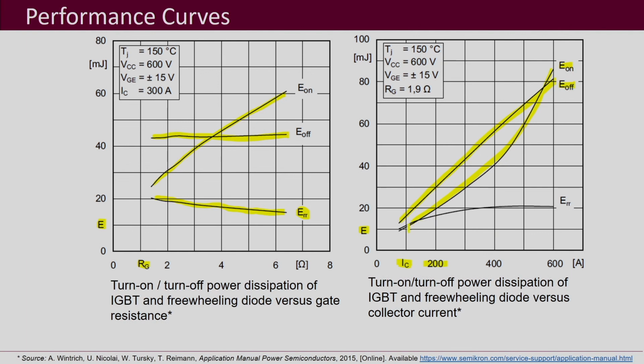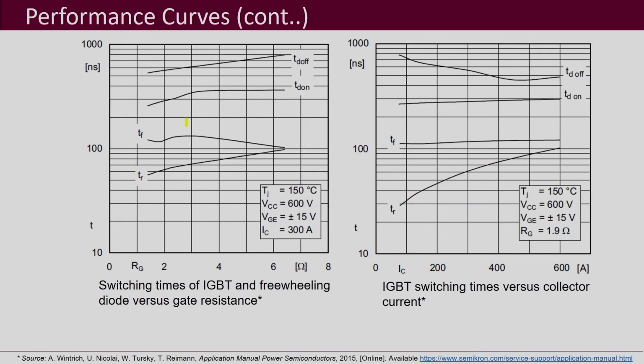But we do not see a significant change in the diode losses, the turn off loss or the reverse recovery loss associated with the diode. Further, in the data sheet, how the turn on and turn off times vary with RG and the collector current is also many times provided.